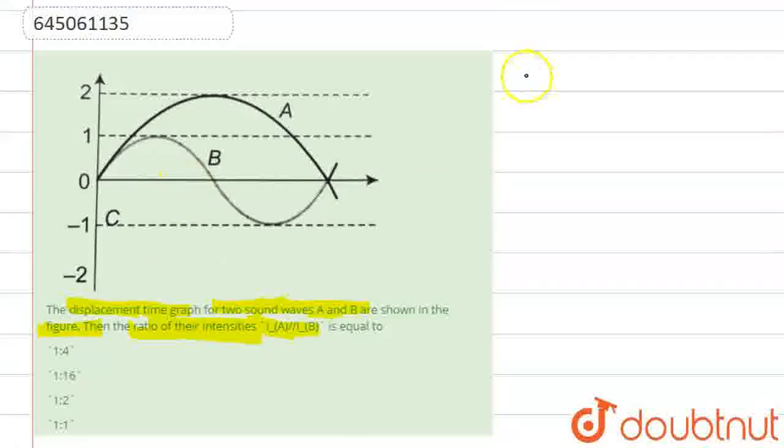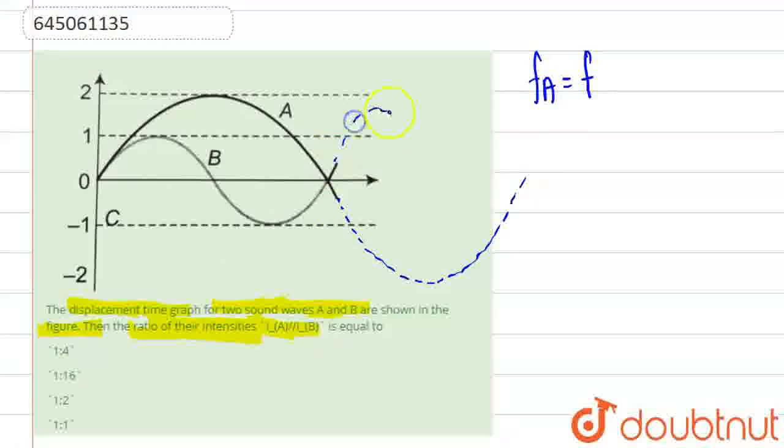Basically, let's first write the frequency of A. Let's suppose the frequency of A is F. Frequency is the number of waves in 1 second. If you extend this, it will go somewhat like this.